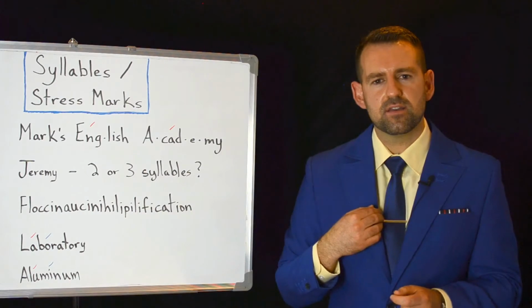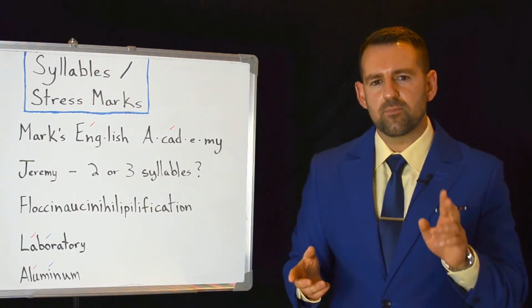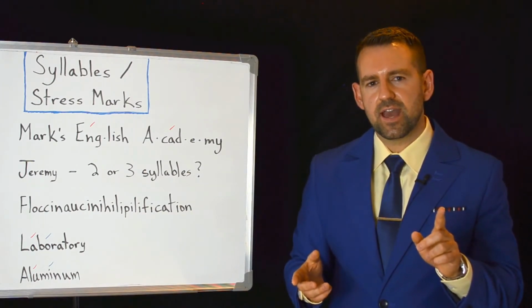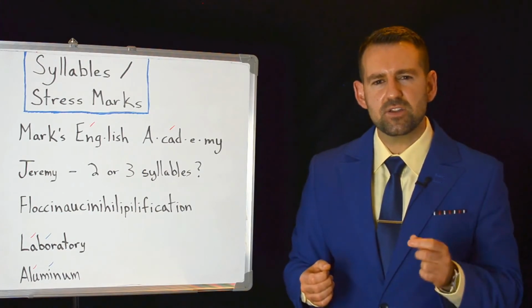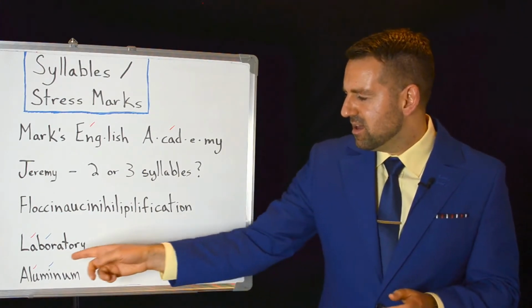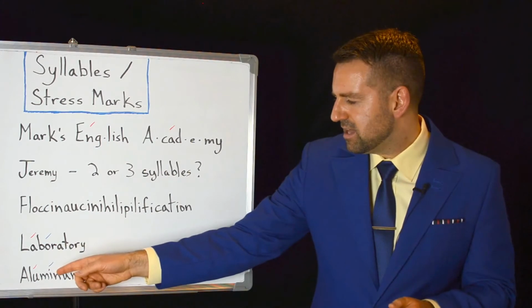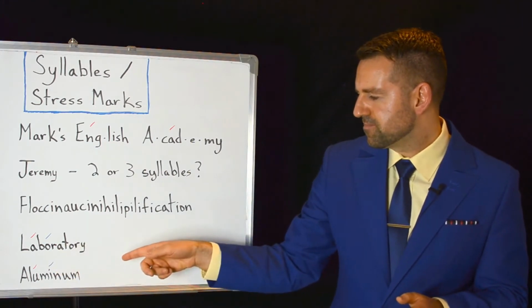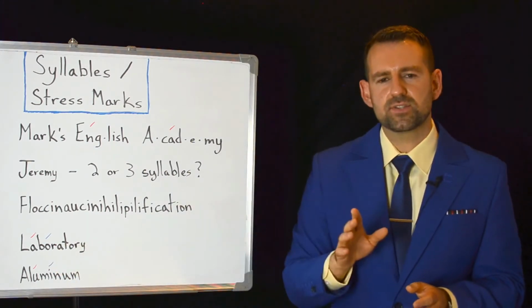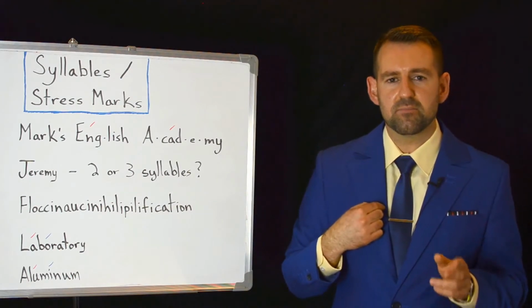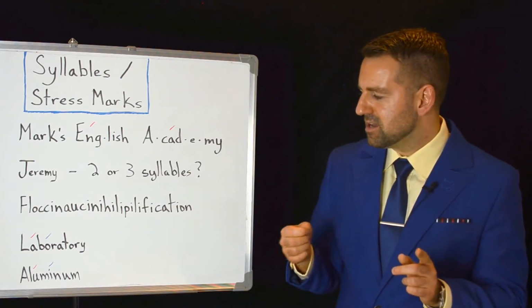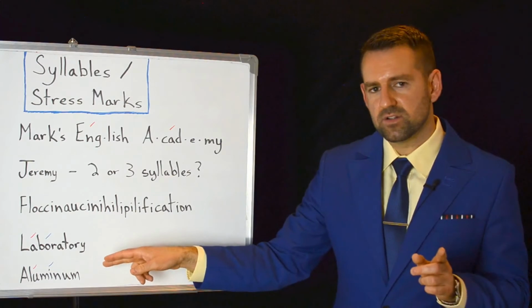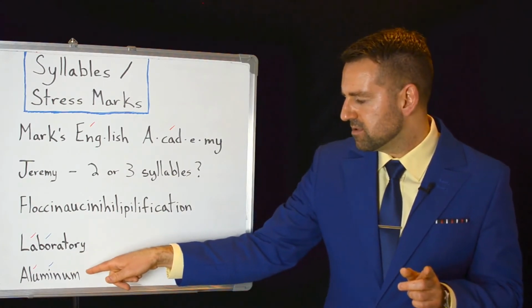I say aluminum. A British person would say aluminium. Aluminium. Okay? Aluminum, aluminium. In this case, I think I say it better because I say all the vowels, aluminum.